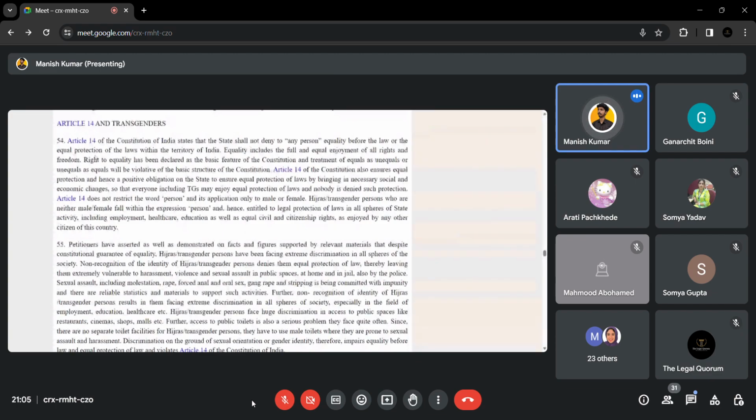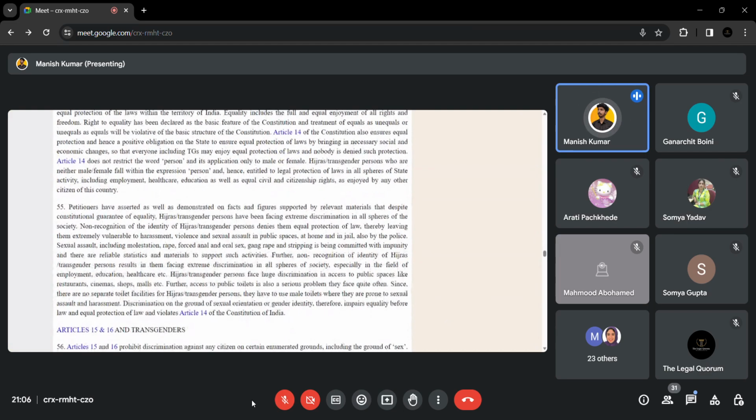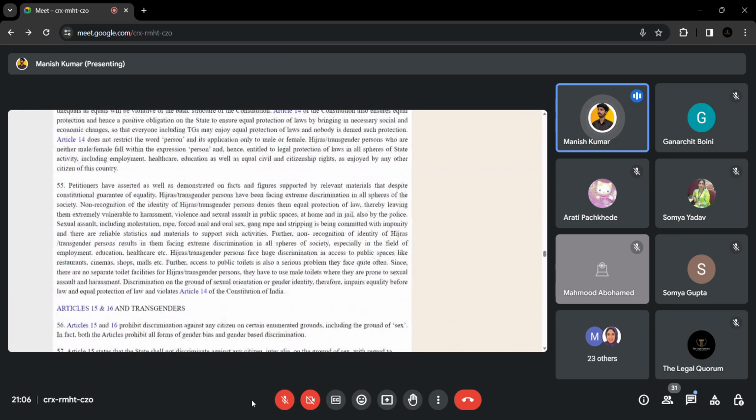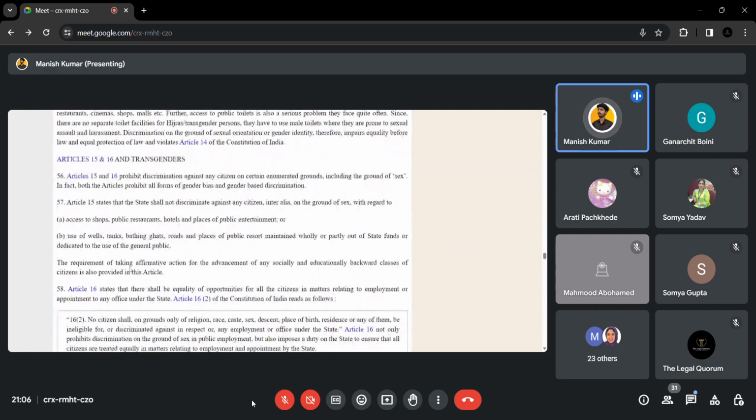This is a very significant part which you have to include in your case summary, because in this part you will find whether the denial of recognition of third gender for the transgenders is violative of Article 14 or not. So here is the reason for that. So you have to read it very carefully. Again, Article 15 and 16 and transgenders. This is a very important part.